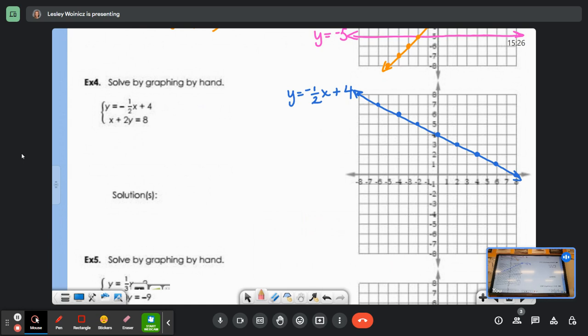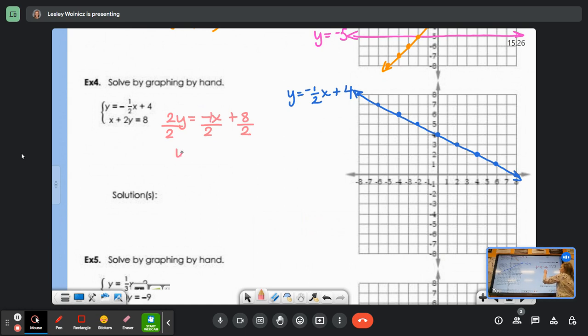So I'm going to subtract away the x's and get 2y equals a negative x, because I subtracted it away, plus 8. Now what? Divide by 2. Okay, so I had a negative 1 in front of my x, right?